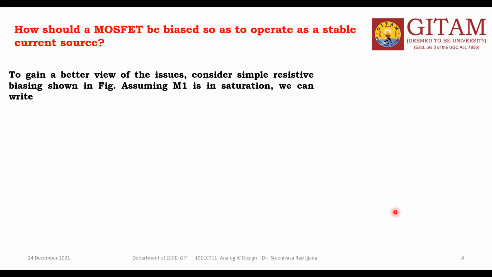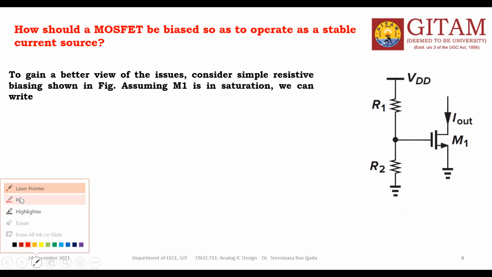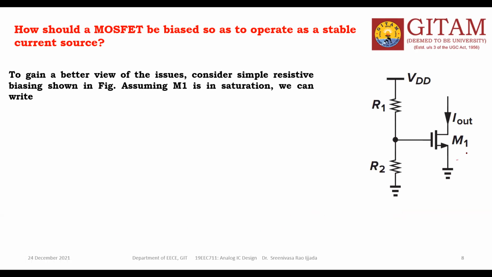To gain a better view of the issues, consider a simple resistive biasing circuit shown here. Assume M1 is in saturation. So the output current is a function of this voltage.